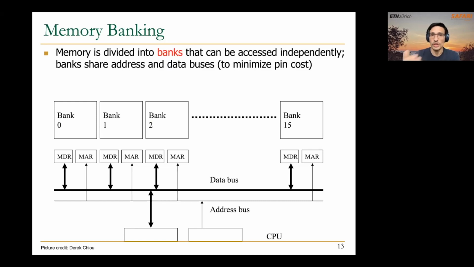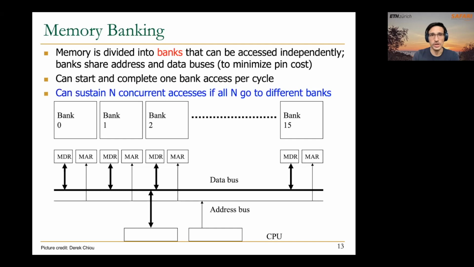So the memory is divided into banks that can be accessed independently and simultaneously, depending on the addresses and data that we have. And we are, for now, going to assume that we can start one bank access per cycle. But we are going to be able to sustain n concurrent accesses if they go to n different banks.